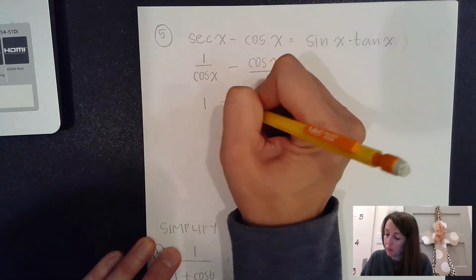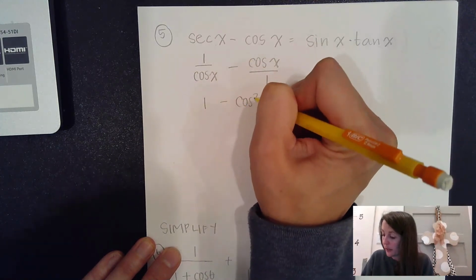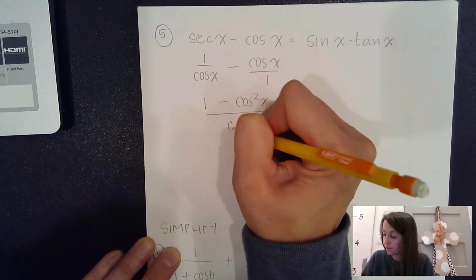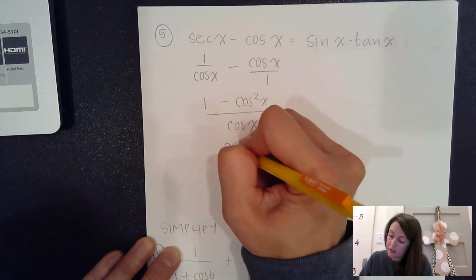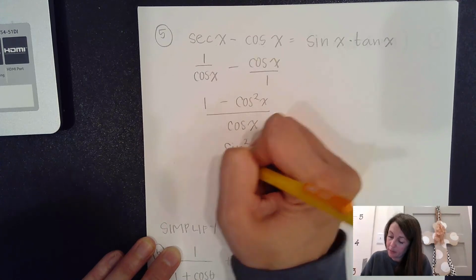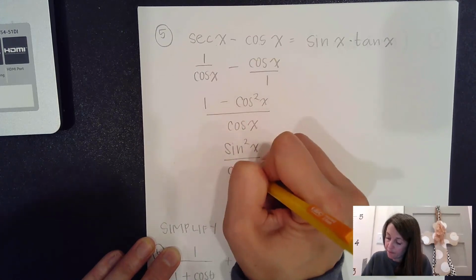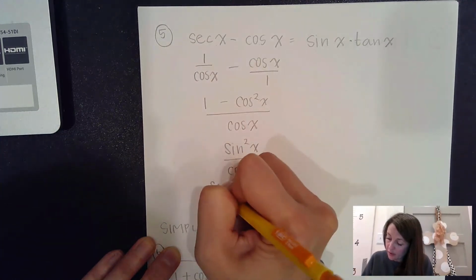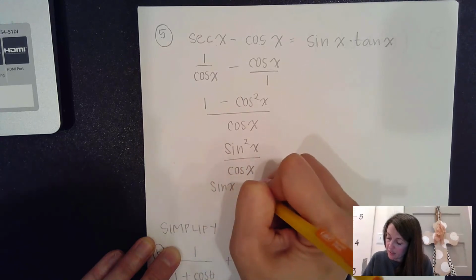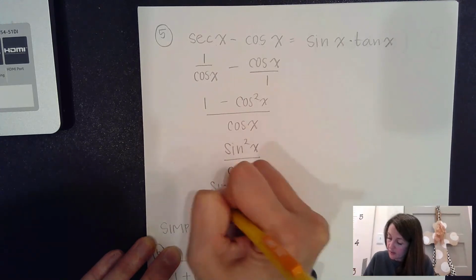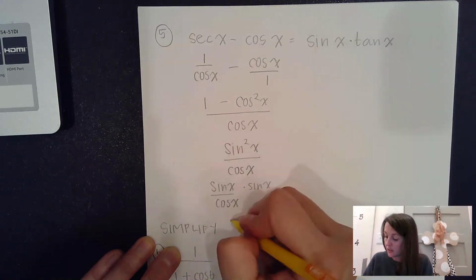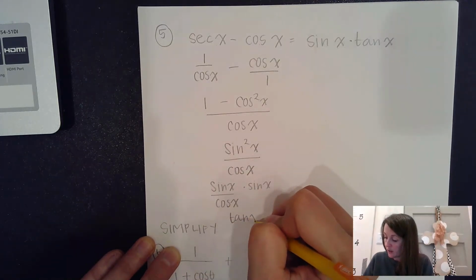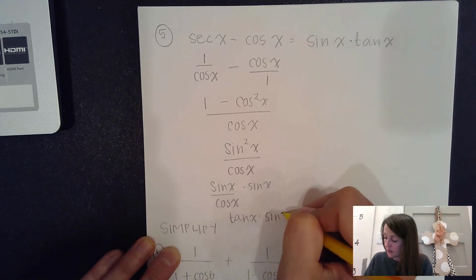So I'm going to have 1 minus cosine squared. 1 minus cosine squared is a sine squared, right, by the Pythagorean identity. So you'll have sine of x times sine of x, and then basically a cosine. So sine over cosine is a tangent, and then sine of x. So there we go.